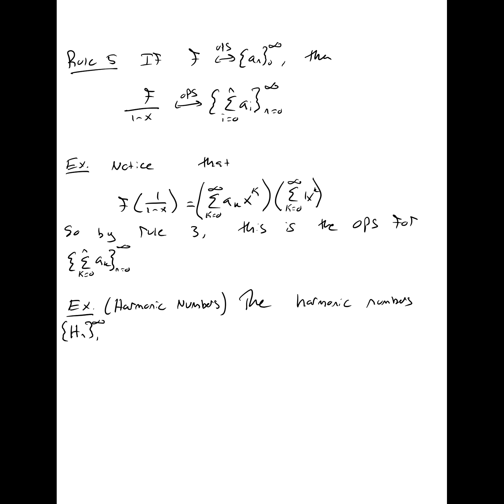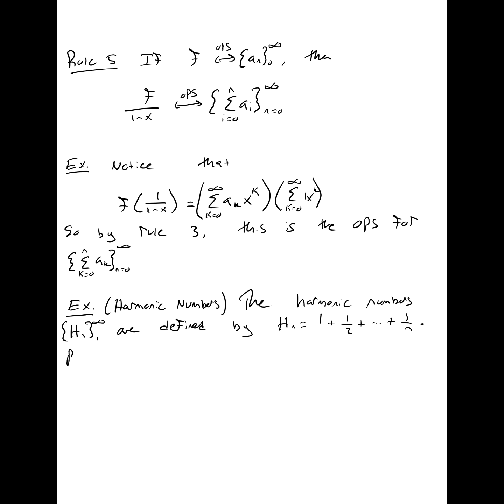You'll see why. Are defined by h sub n, which is equal to 1 plus 1 over 2 plus dot dot dot plus 1 over n.